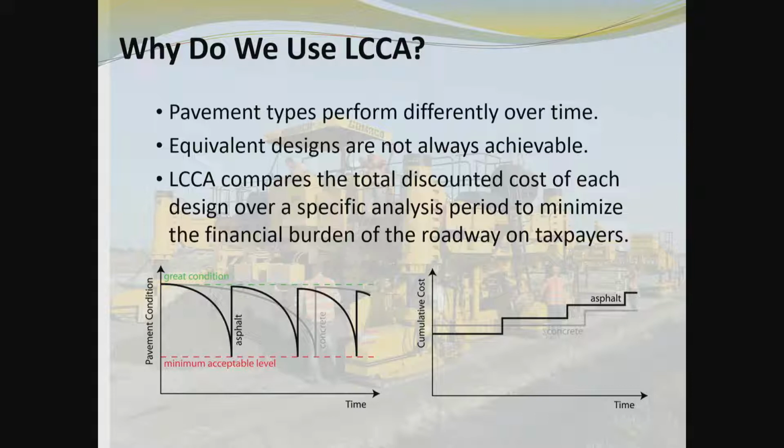Because although asphalt pavements are frequently cheaper to construct initially, for a variety of reasons, they cost more to own in the long term. And you see that reflected over here. Concrete starts out at a higher cost initially, but by the time you pass the first or sometimes the second maintenance rehabilitation cycle, concrete becomes the clear winner.